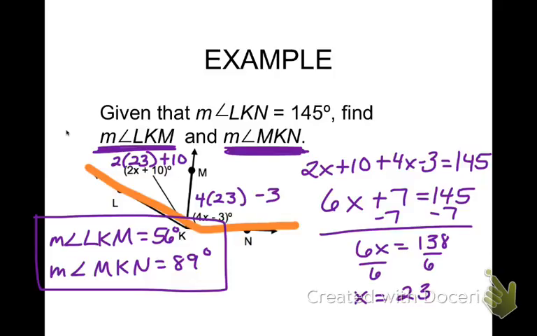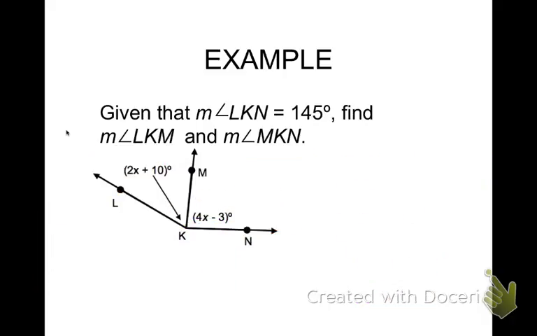Okay, so the process is no different than segment addition. It's just instead of segments, it's in angle form. All right, now let's quickly talk about congruent angles. Remember when we talked about congruent segments, what did we do to show that we had congruent segments? What was our notation?